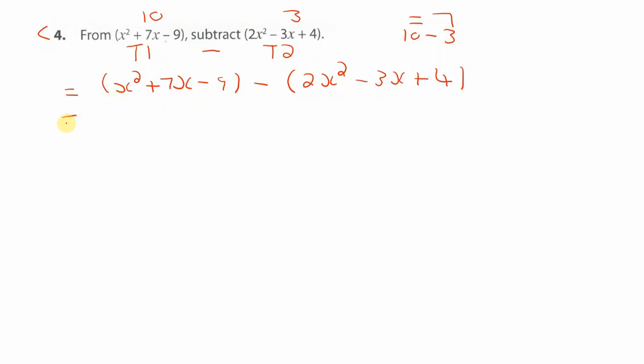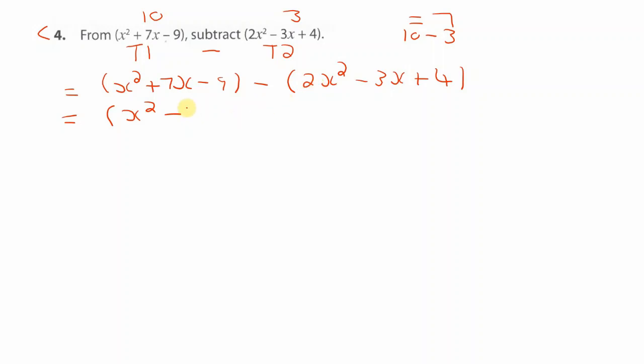And now again, it's the same situation as in question 2. We are subtracting, but we can easily change this to pluses. So we first group like terms, so we have an x squared. In the second bracket, we have a negative times a positive, which is a negative.